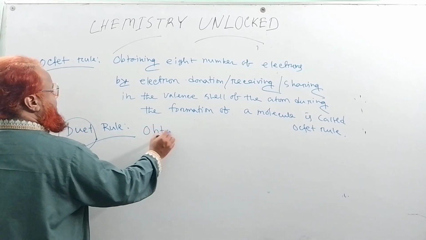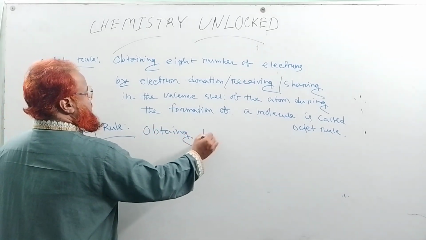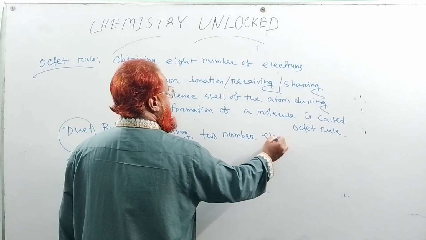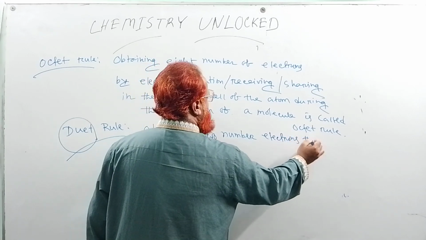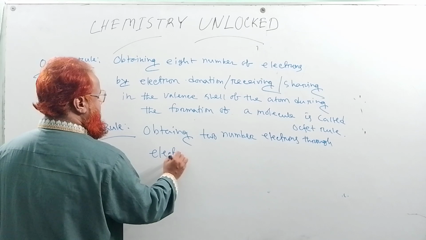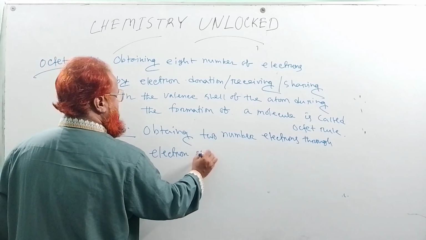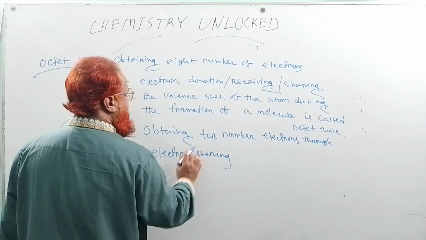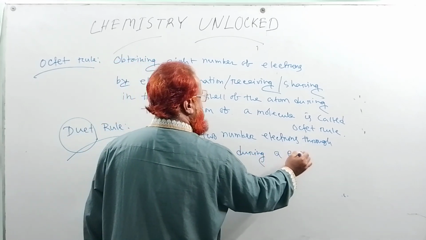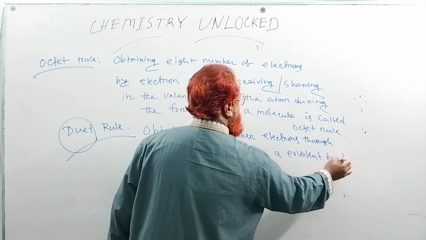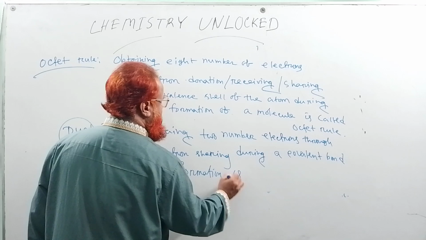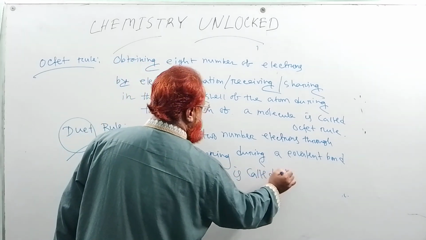So obtaining two number of electrons through electron sharing during a covalent bond formation is called duet rule.